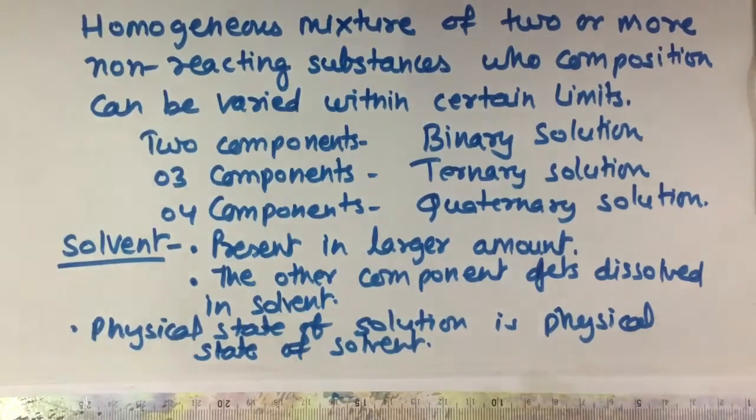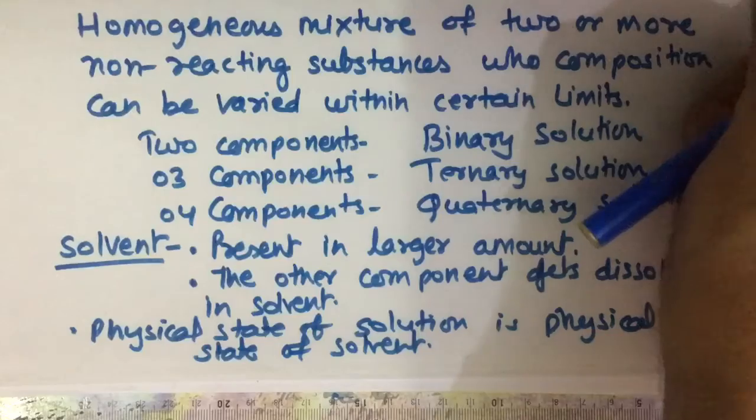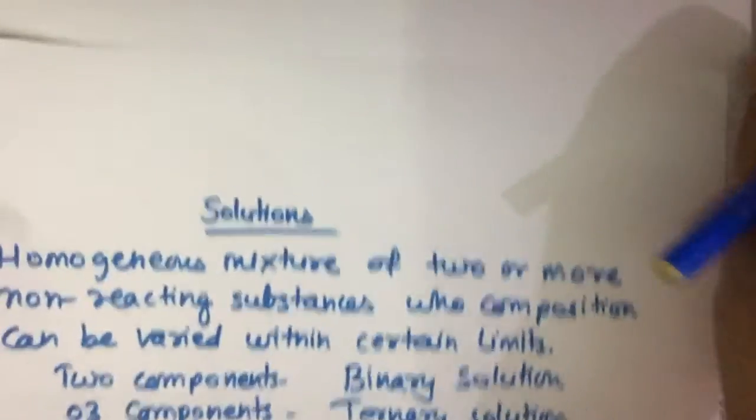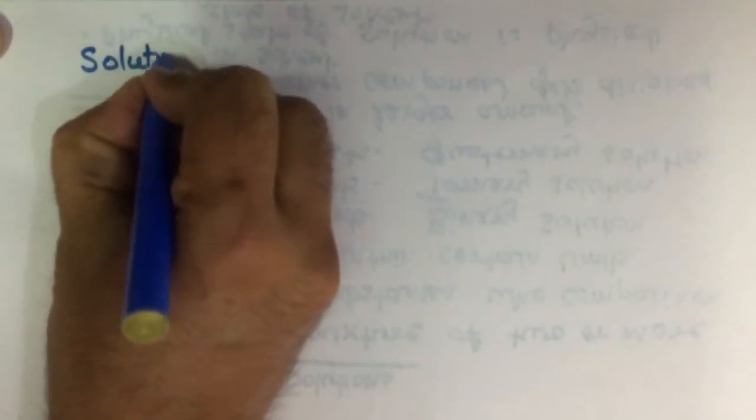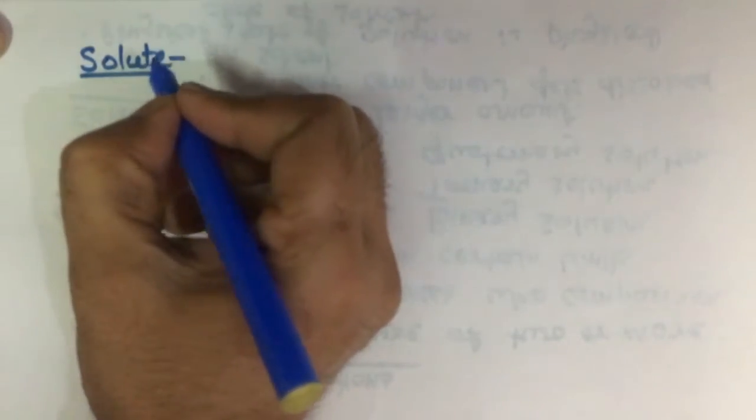So the component which is present in large amount is called as solvent, and the other component that is called as solute.